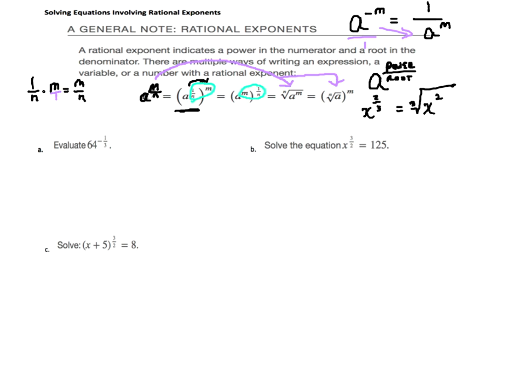And it works vice versa too. So let's say I start out with 1 over a to the negative nth power. If I bring that up to the numerator, that power becomes positive.